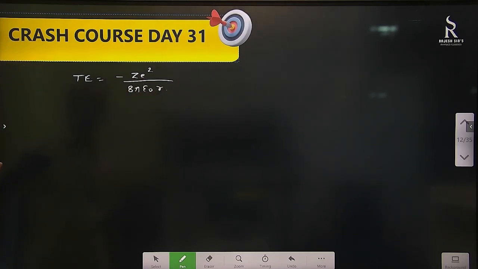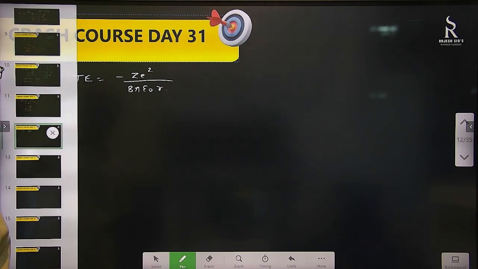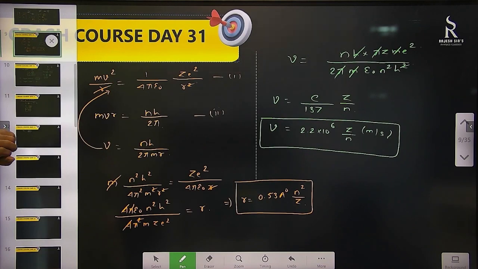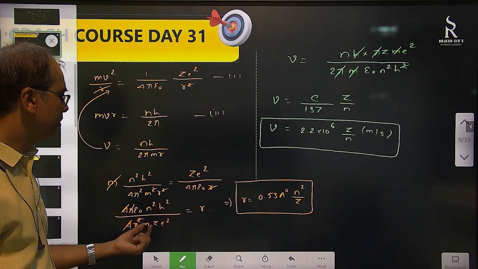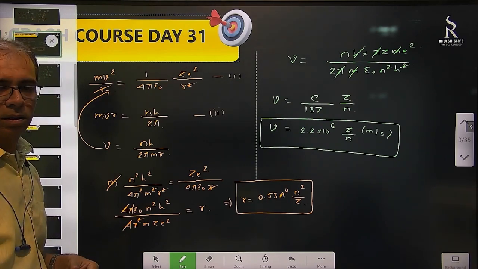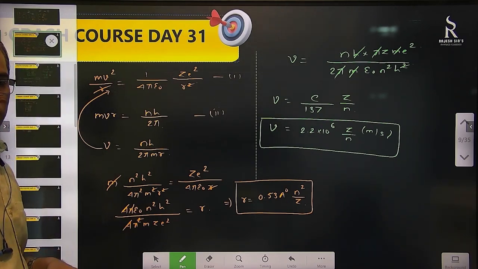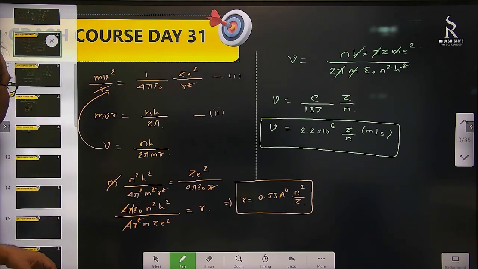What is R value? We already found it. R is N square h square epsilon naught by pi m Z e square.